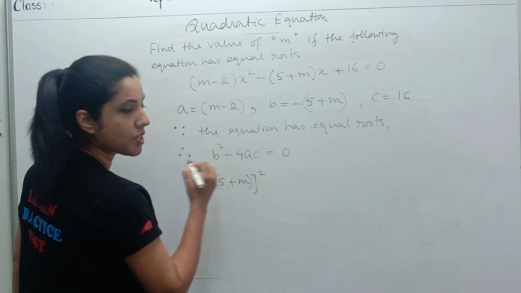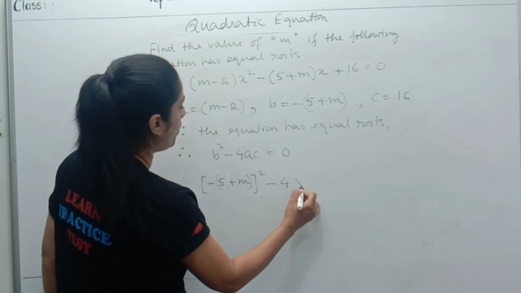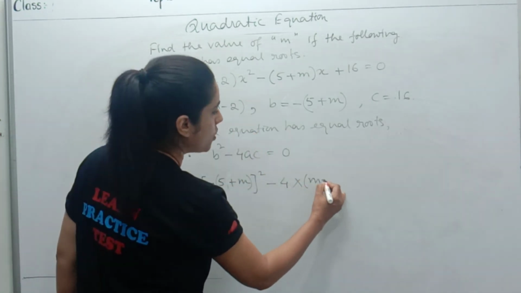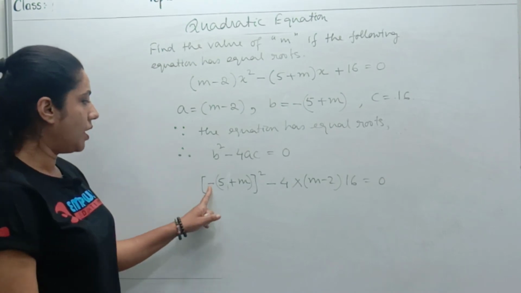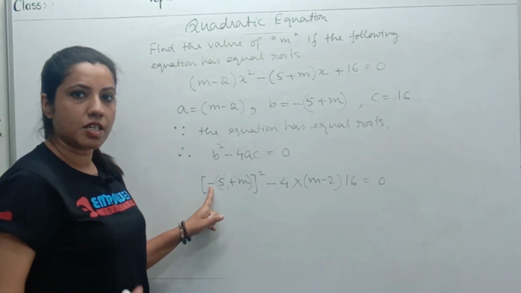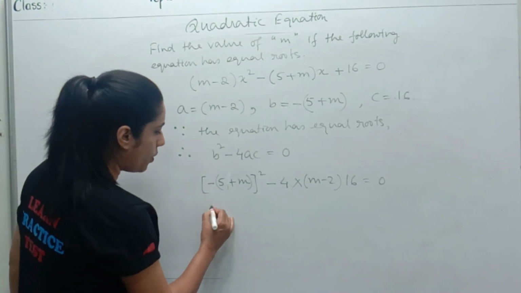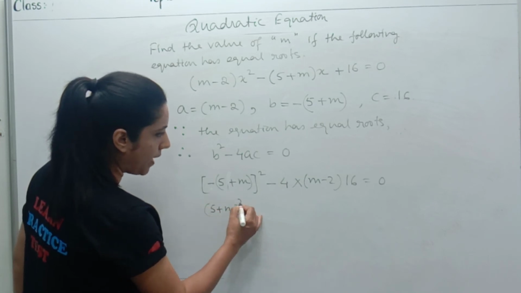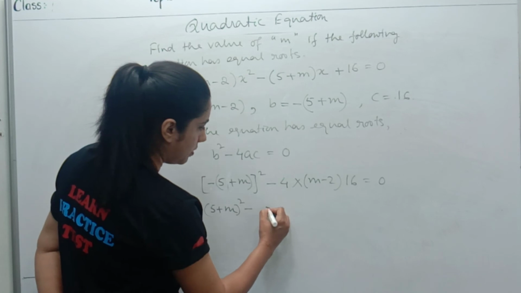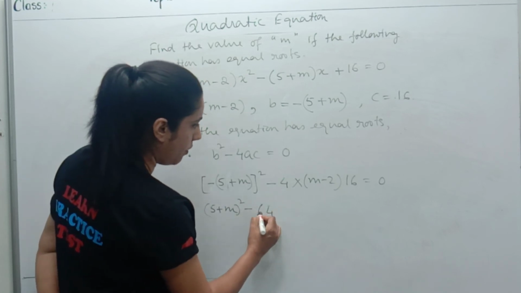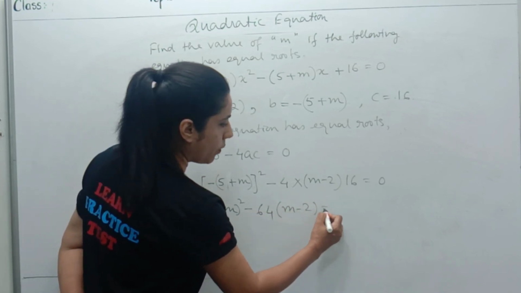Take it this way, b square minus 4 into a, that's m minus 2, into c, that is 16, equal to 0. Now here when you square, minus into minus becomes plus. So it's only (5 plus m) whole square minus 4 into 16, which will give you 64, into (m minus 2) equal to 0.